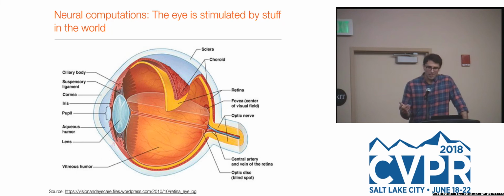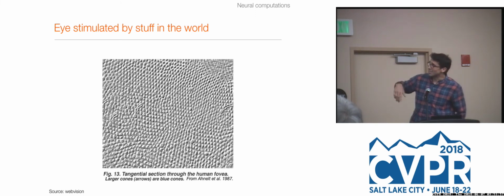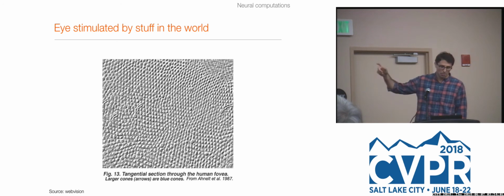All right, so as Ali mentioned, the eye itself is incredibly complex in terms of its architecture, and the whole purpose of this complexity is to take image reflecting from the world and focus it onto the retina at the back of the eye. And if we zoom in and take an electron microscopy image of the retina, we can see the cones that Ali mentioned. The bumps are cones in this image, and you can see bumps of different sizes.